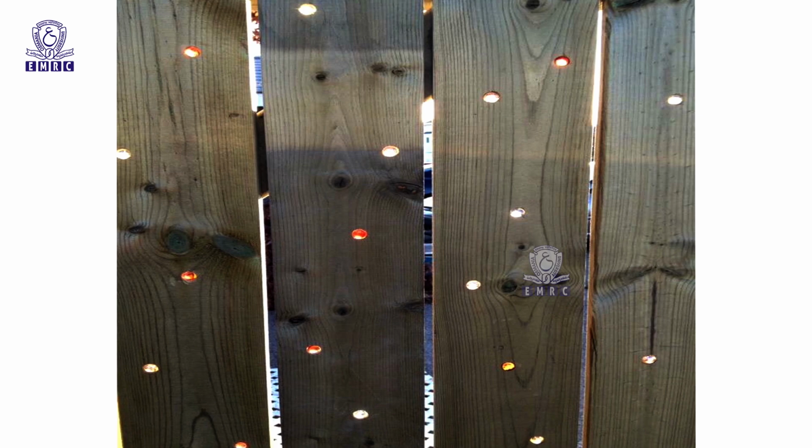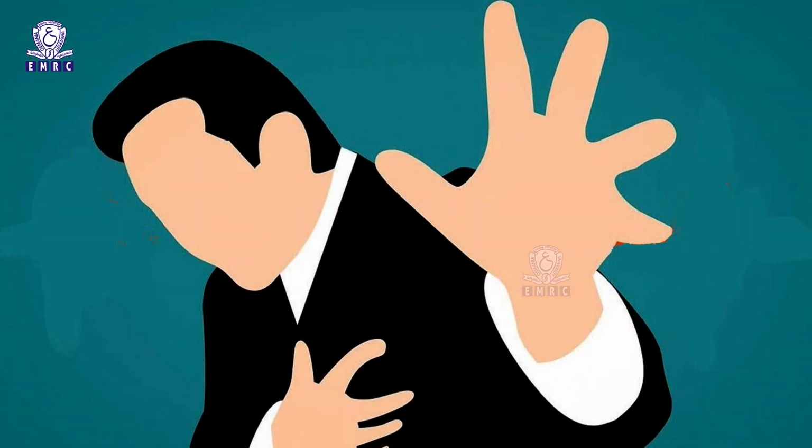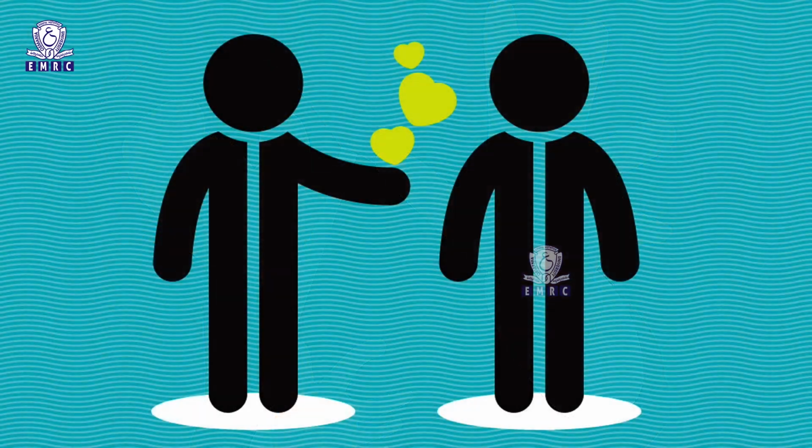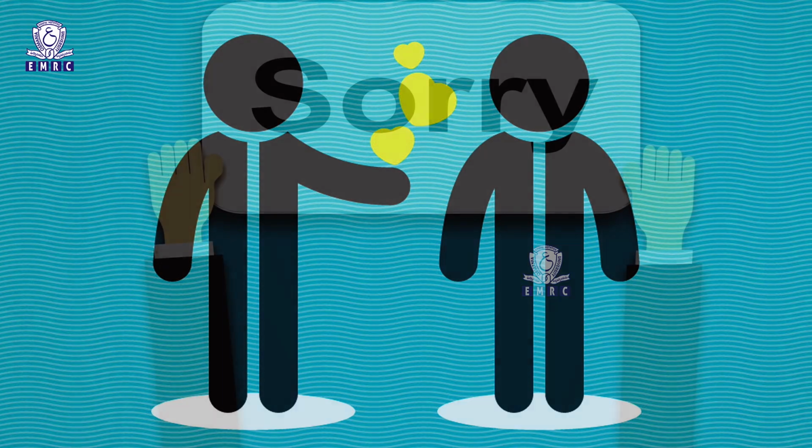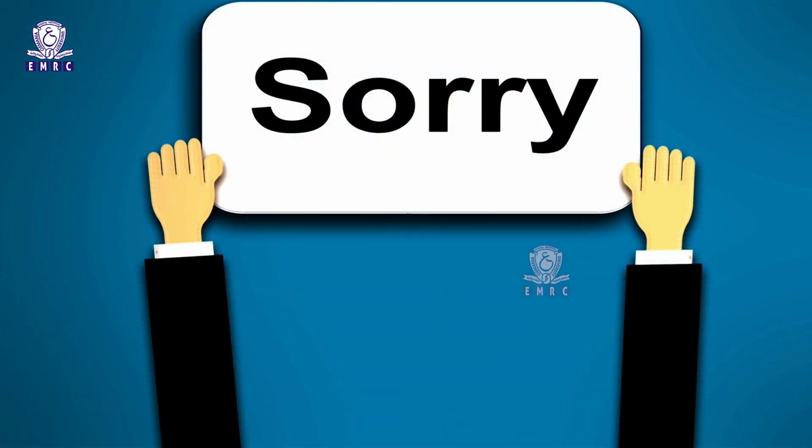The same happens when you say hurtful things to people, as your words leave scars in their hearts, like those holes in the fence. Remember we need to treat everyone with love and respect, because it doesn't matter that you say you are sorry. The scars will not disappear."